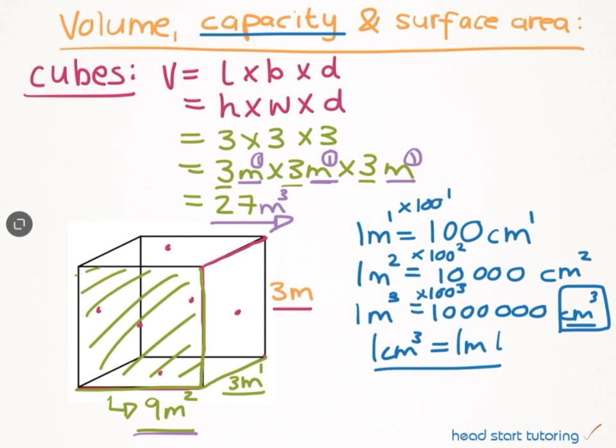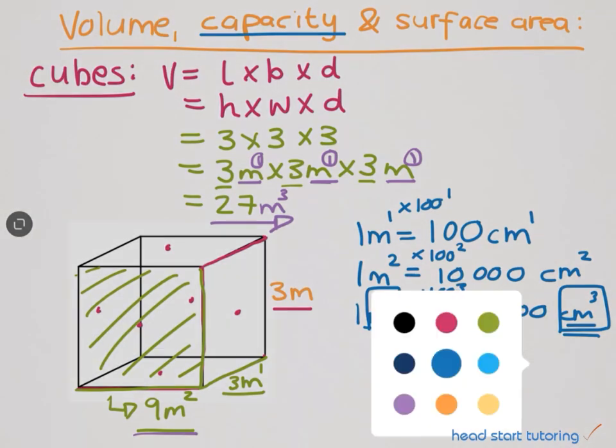But when we are working with meters cubed, we first need to multiply that number by 1,000,000 to get our answer in centimeters cubed or milliliters, because they are the same. Then we divide by 1,000 to get our answer in liters, if the number is big enough.